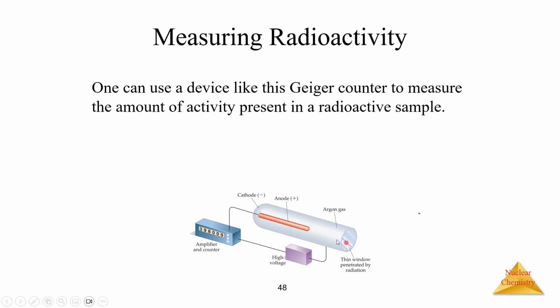And then within it, we've got argon gas, so an inert gas. But the radiation itself is going to be able to ionize that gas, again creating positive ions and negative electrons. And then since we've got a cathode and an anode, we're again going to be able to create a current.